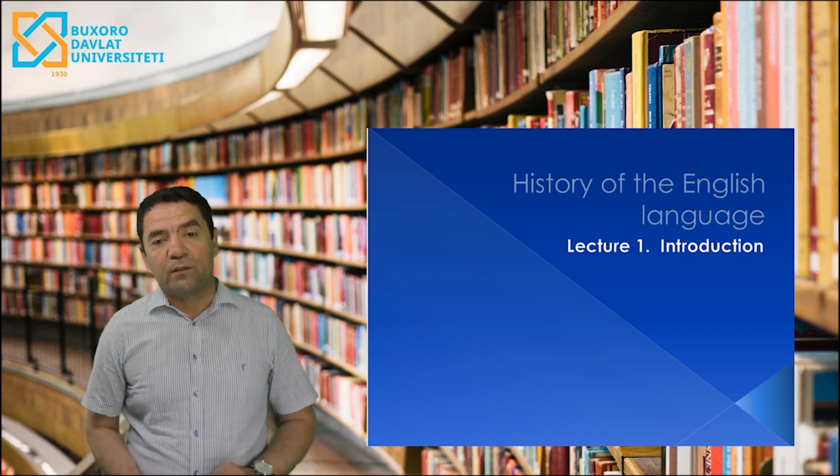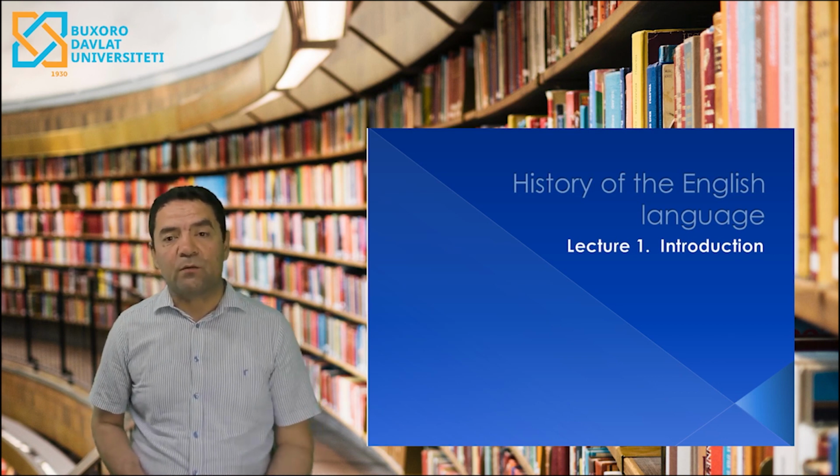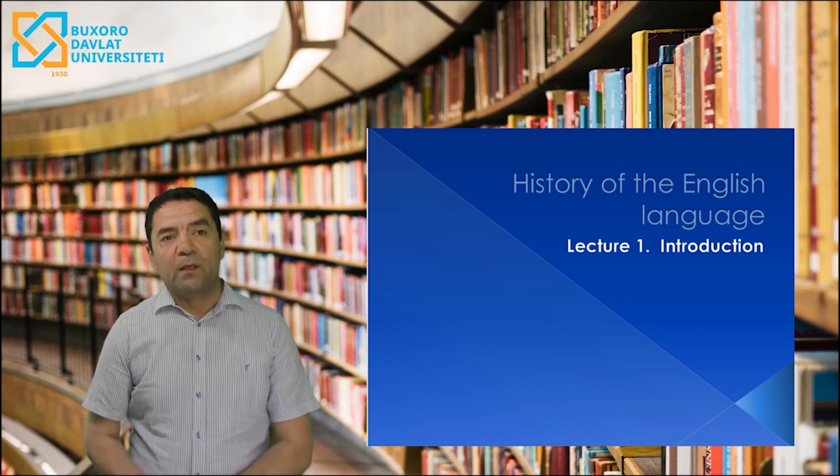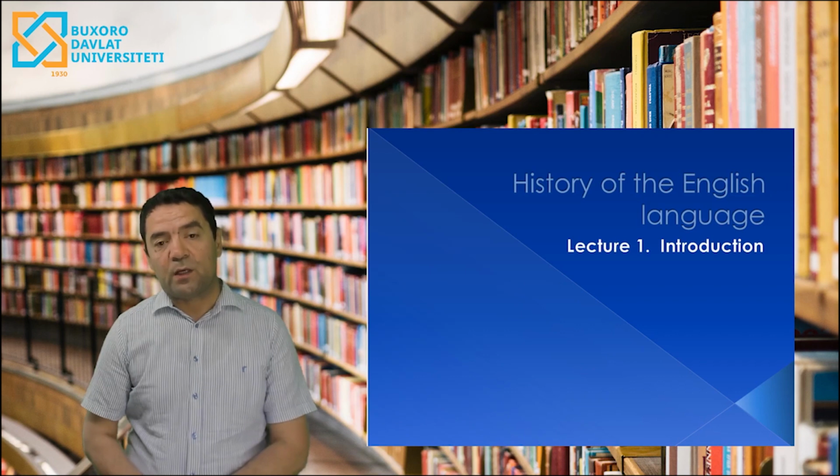So what kind of language is there? What kind of subject is the history of the English language? This is the subject which unites all the theoretical subjects which are taught for the course of philology, linguistics and English language and history.